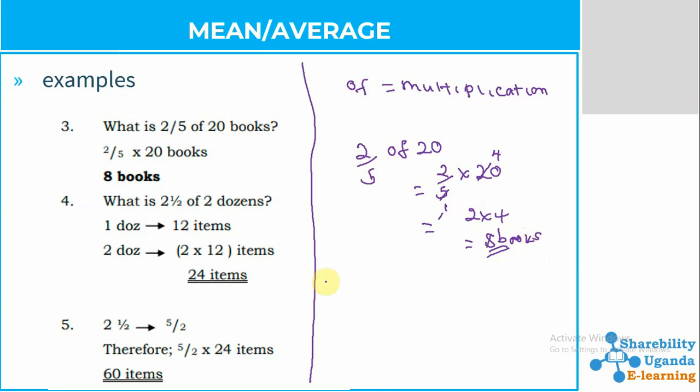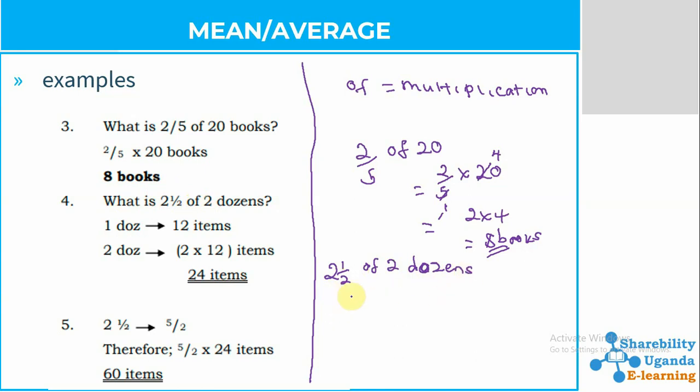When you also look at our question here, they are saying what is 2 whole number 1 out of 2 of 2 dozen. So here they are saying we have a whole number and a fraction. Then they are saying of 2 dozen.